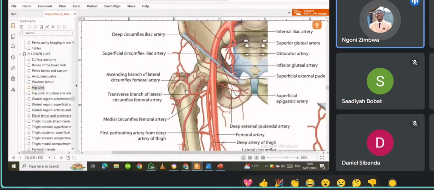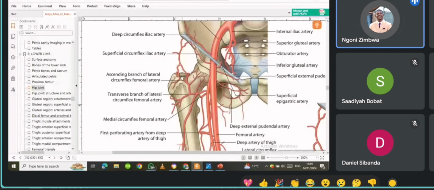At the medial border of the greater trochanter, you're going to have a depression called the trochanteric fossa. That's where we have the attachment of those muscles: the superior gemellus, the obturator internus, the inferior gemellus. They are attached here.